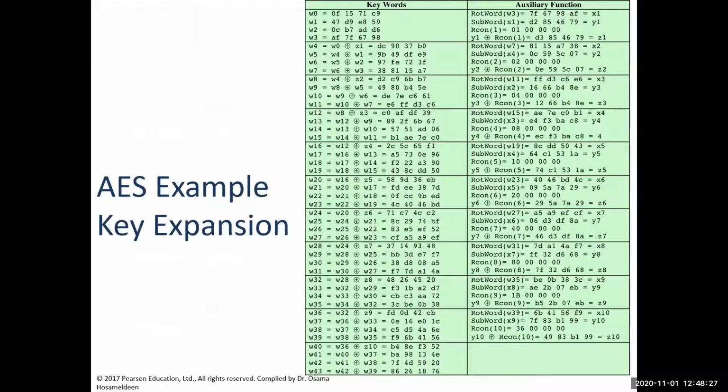And here we get to the real world example. This is a key expansion example. We have here W0, which is the input, and after the rotation, we have the first three operations: SubWord and RotWord, which is rotation, and this one is the reconstruction.